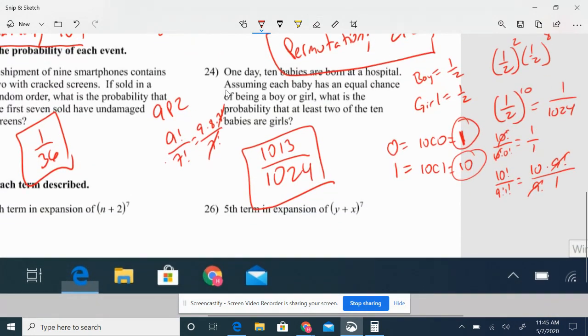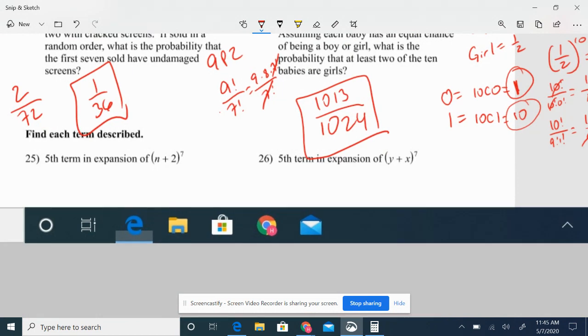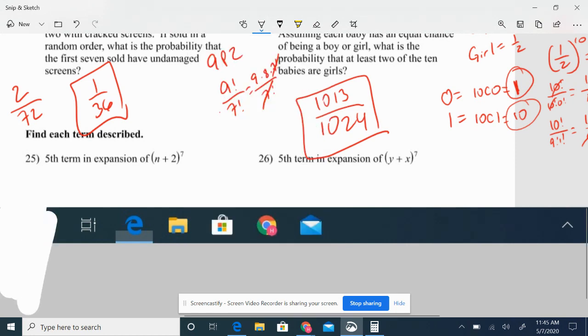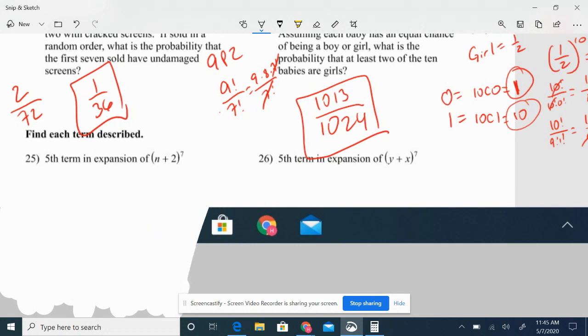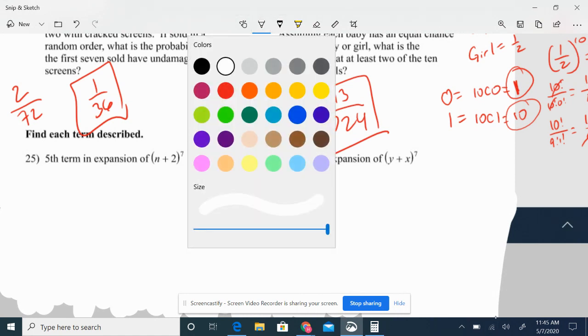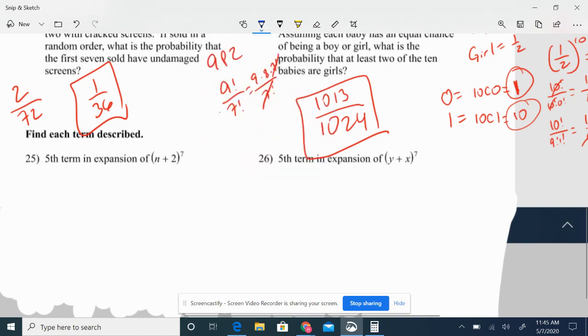Now, lastly, let's take a look at questions 25 and 26. Let me give myself some room to work here. So we called this yesterday the binomial theorem. All right, so the fifth term in the expansion of n plus 2 to the 7th. Okay, so the way I'm going to do this, I'm going to do 7 choose 5.